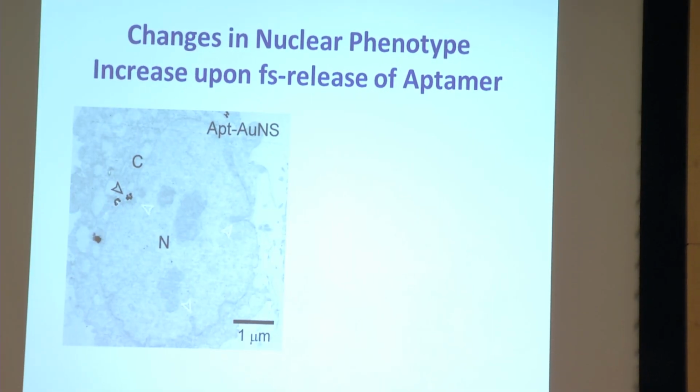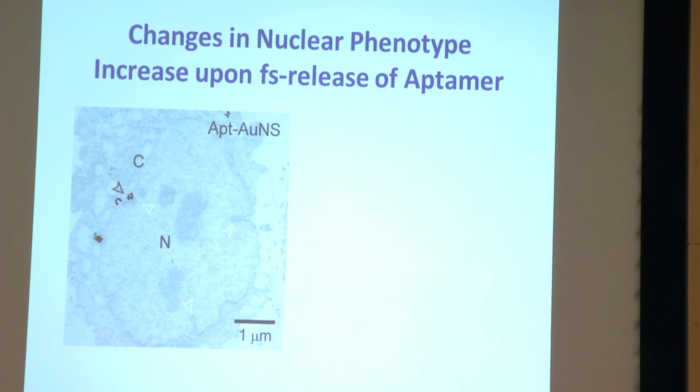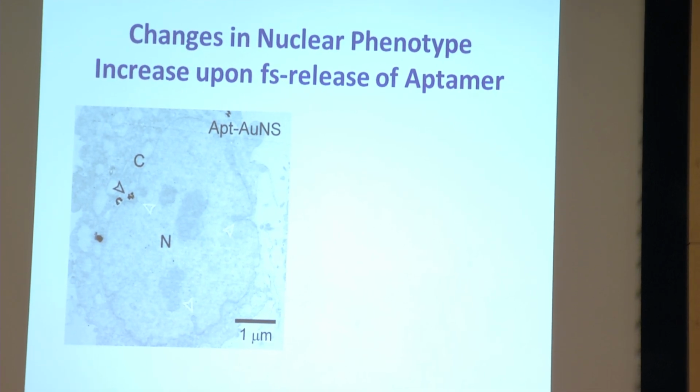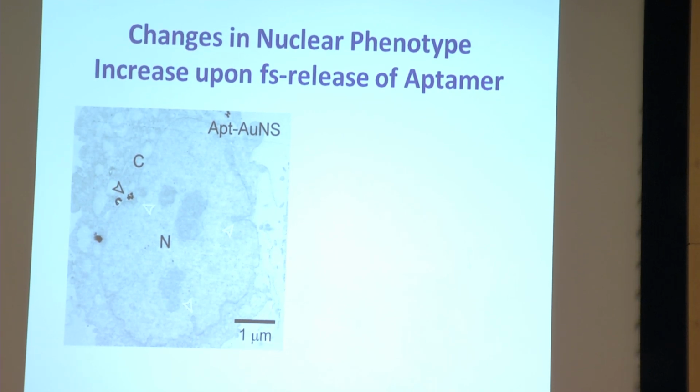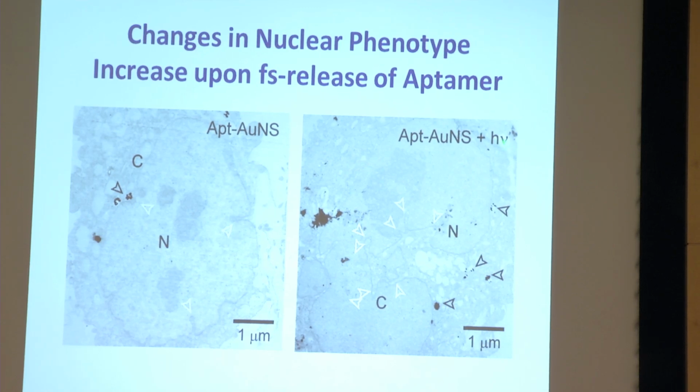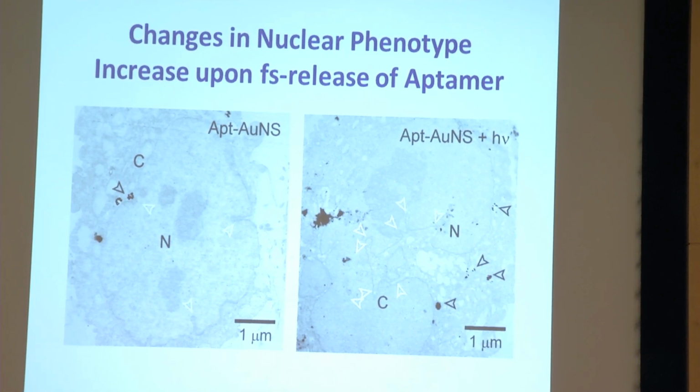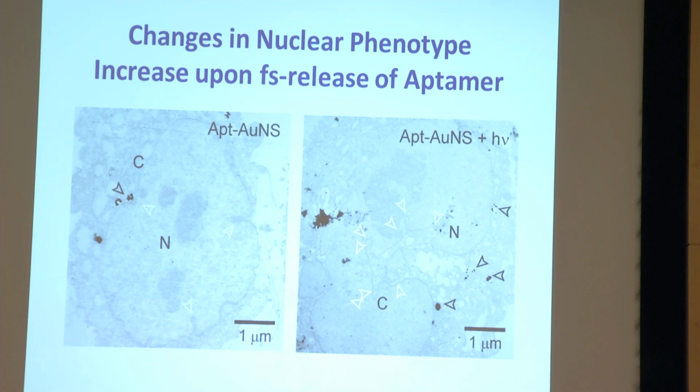Okay, so what happens when you actually shine light on the drug? Does that change anything in the way that the construct acts? So this is a different nuclei, and you can see the nanoparticles here, and you can see one invagination here, another invagination here. But if you release the drug molecules from the nanoparticle, the deformations are exacerbated a lot, okay?